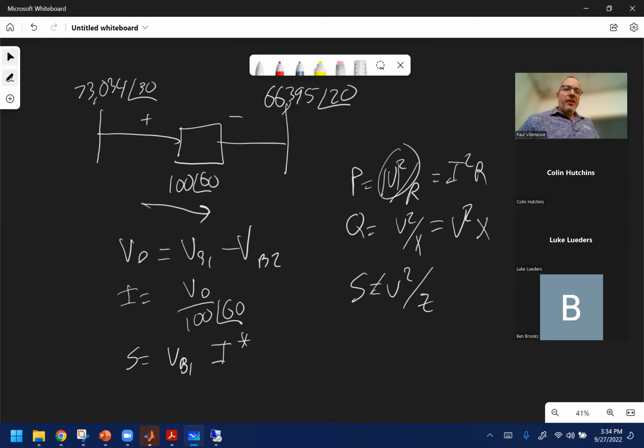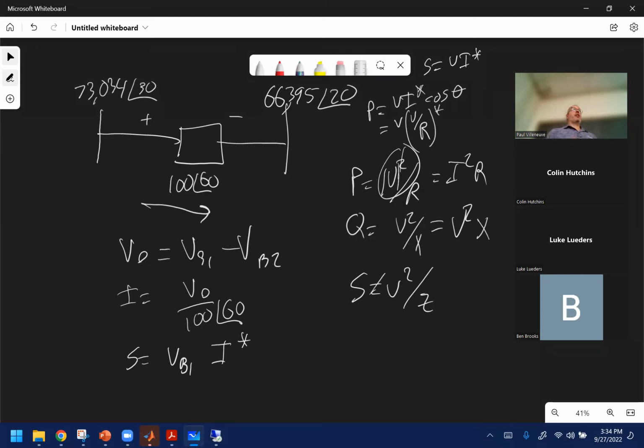The way we got these equations, P, we know, is V times I in a resistor. So this is equal to V divided by R. But remember, the actual equation is S equals V I conjugate. So if it's purely a resistor, you multiply by the cosine of theta. So this has to have the conjugate term.